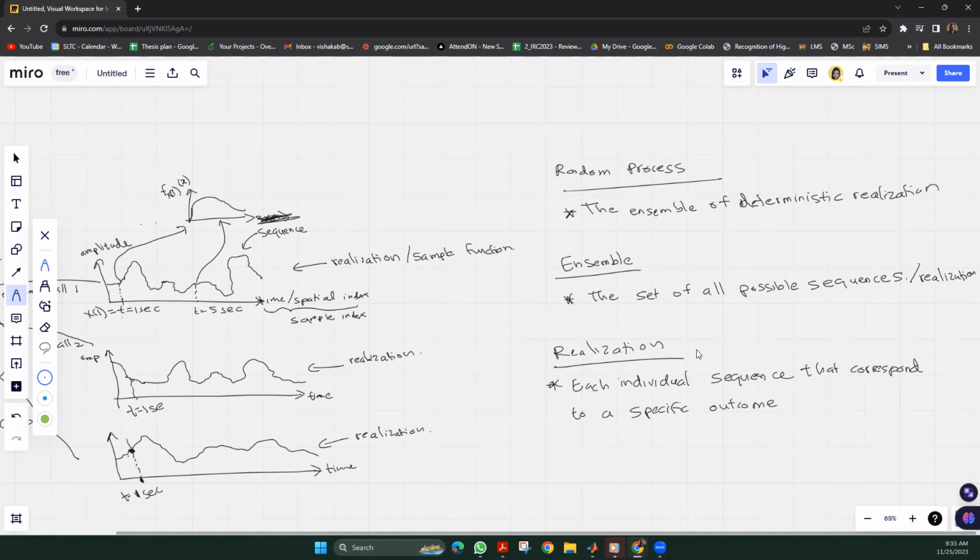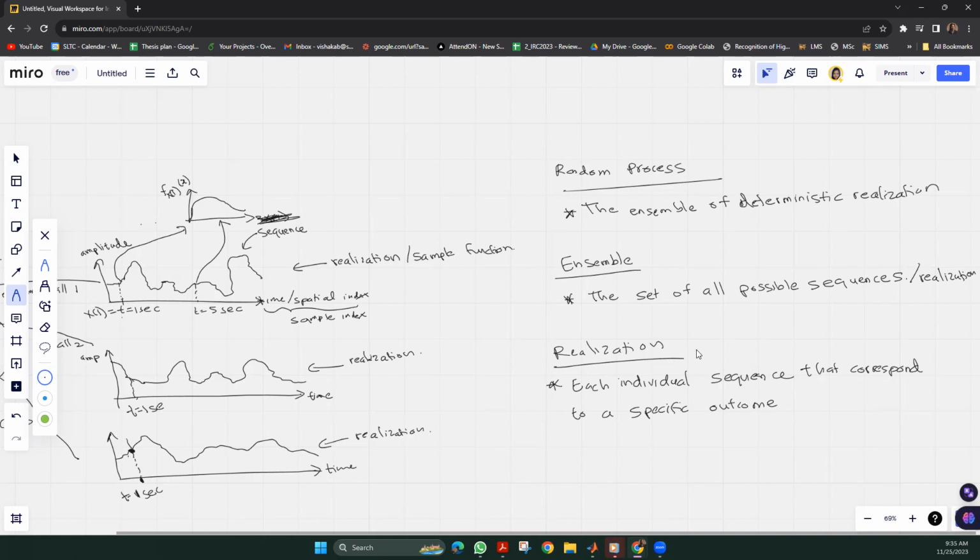So the ensemble we actually study under certain time instances. We can study the ensemble by studying each of the time instances separately. There are so many data points in all these different plots.